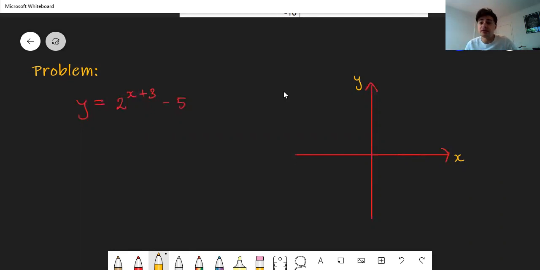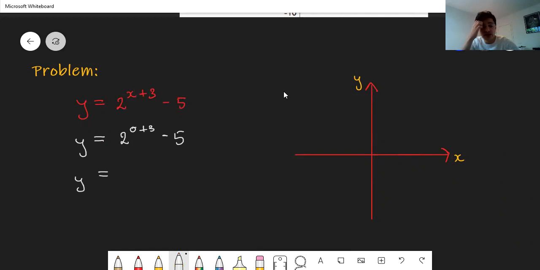Anyway, to sketch this, I still want to try and start with the x and the y-intercepts if they exist. That's something we should always consider. So let's make x equals 0 and solve for y. So I'll go y equals 2 to the power of 0 plus 3, minus 5.